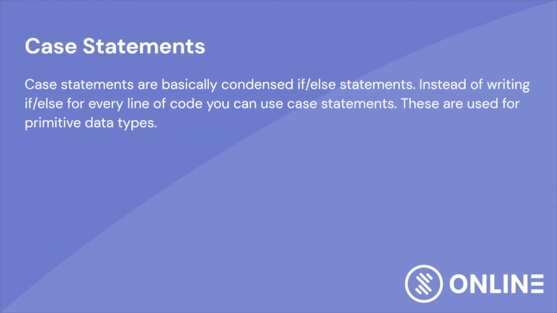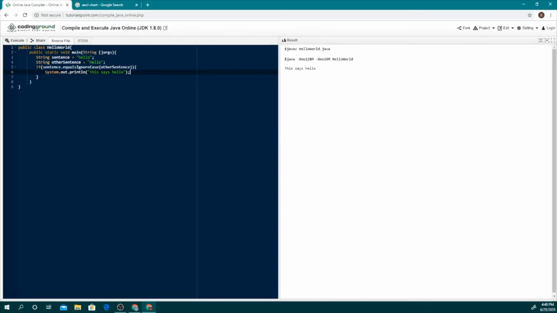This is where we can use case statements. So to basically declare a case statement, you have to get a variable or a data type. I will call it num1, and it will be equal to 1.